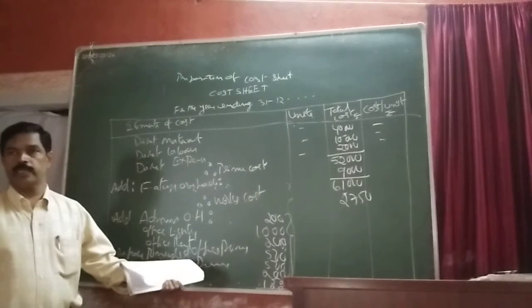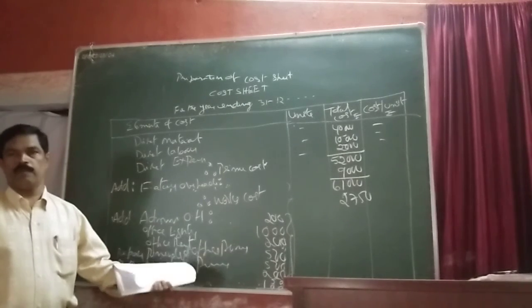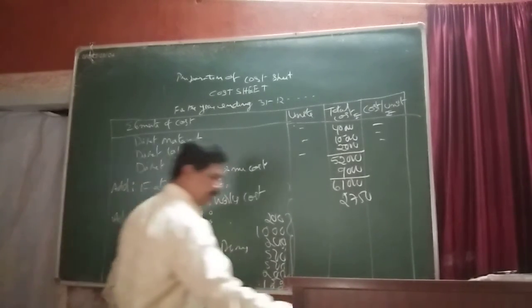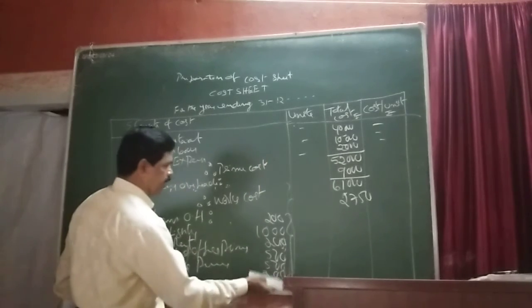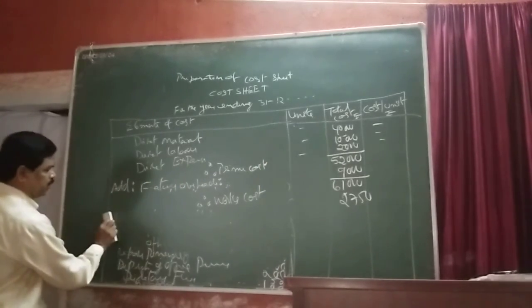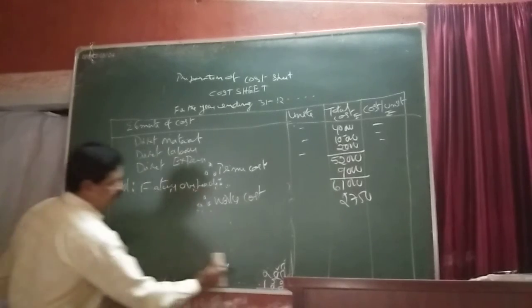All these are incurred in the office or at the time of administration of the organization. The total of this is 2,750.